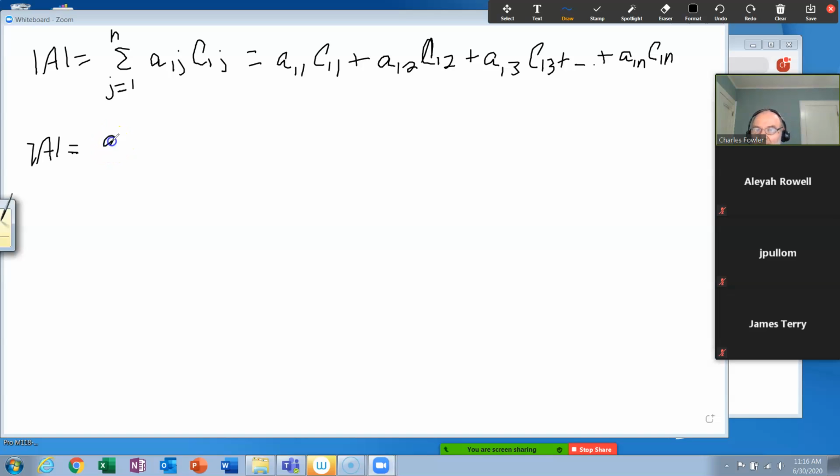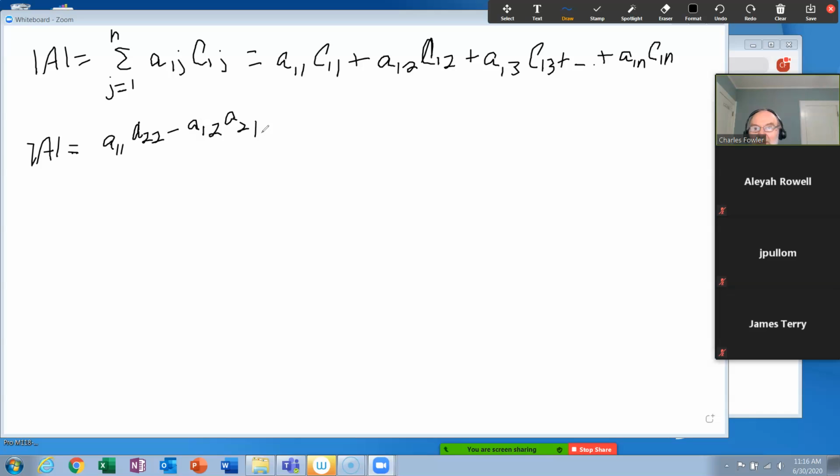That would be A11 A22 minus A12 A21, right? When you do the cross product, first you go down the diagonal, that's A11 times A22, positive, and then you go up the other diagonal, minus A12 A21. Well, time out just a moment. What is the cofactor of A11?